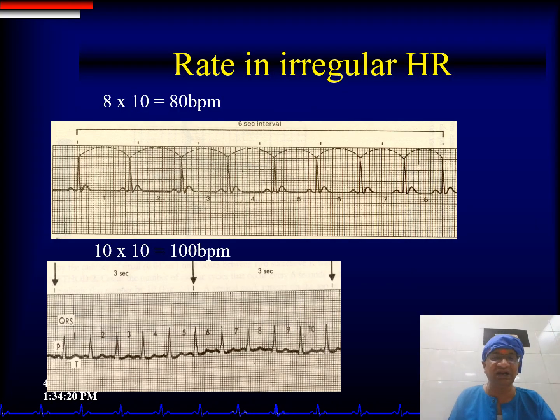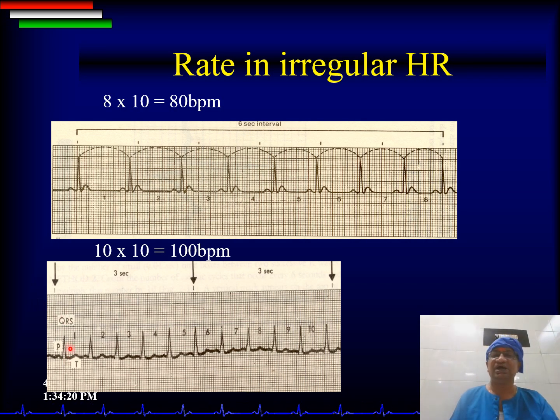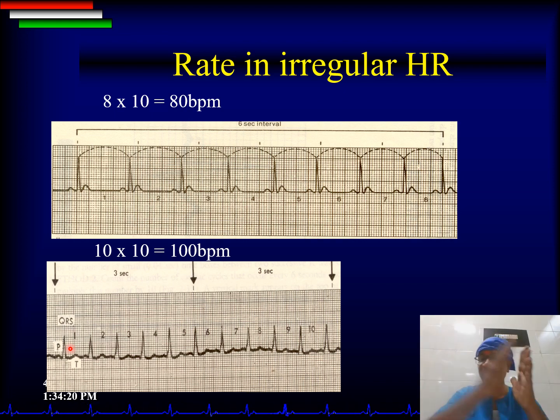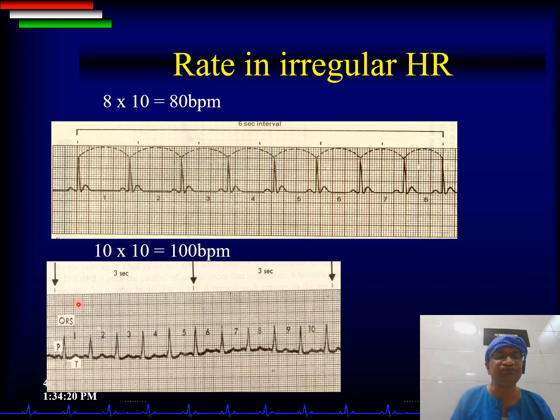When it is irregular, what we should see is this: we know the ECG runs at 25 millimeter per second. You see 5, 10, 15, 20, 25. This is 1 second. Then this is 2 seconds, 3 seconds, 4 seconds, 5 seconds, 6 seconds. In 6 seconds, how many complexes are there? 1, 2, 3, 10 are there.